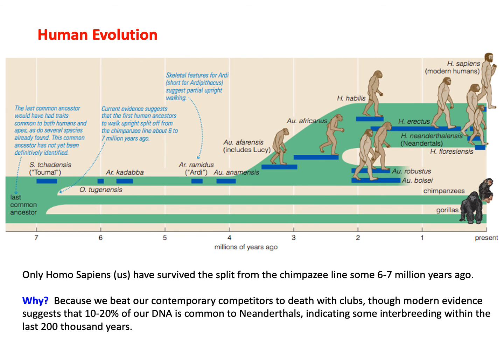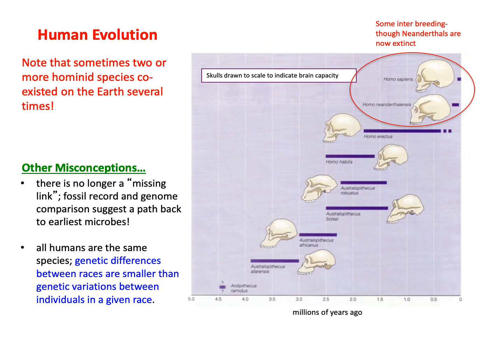This next slide is another diagram which is also very similar to that, showing how humans evolved over the last several millions of years, and you can see as you vertically go upward on this diagram, that would be at a constant time in the past.